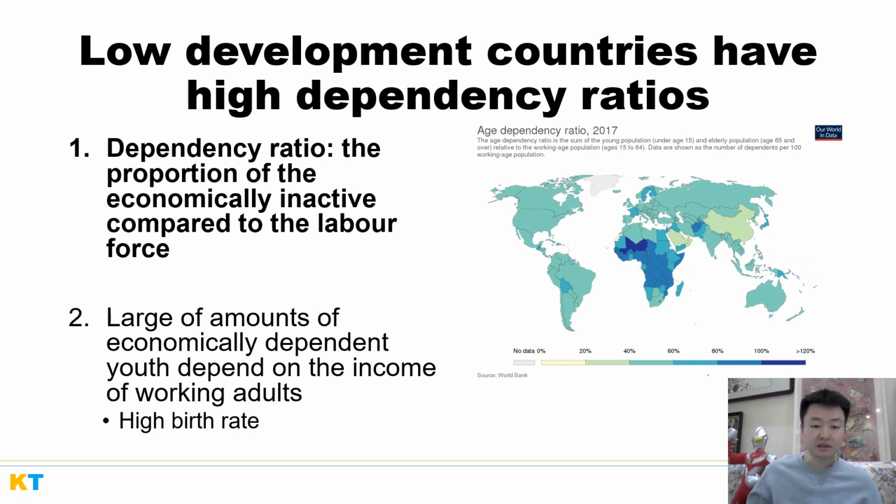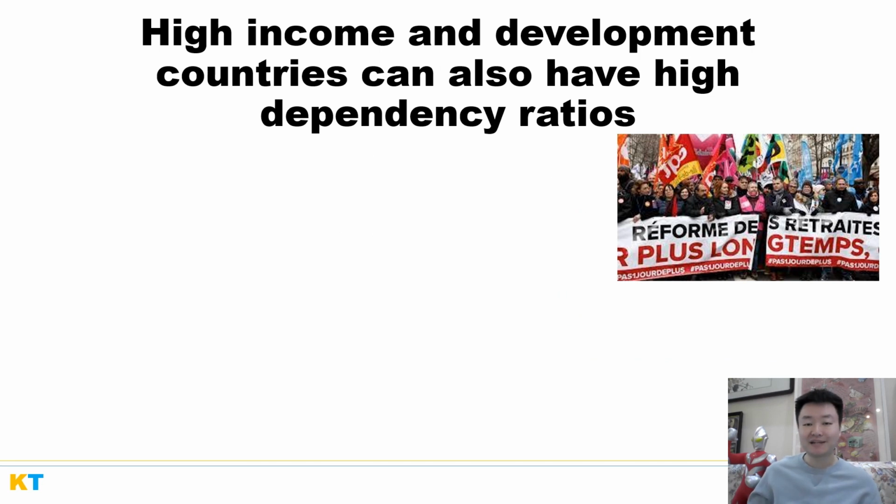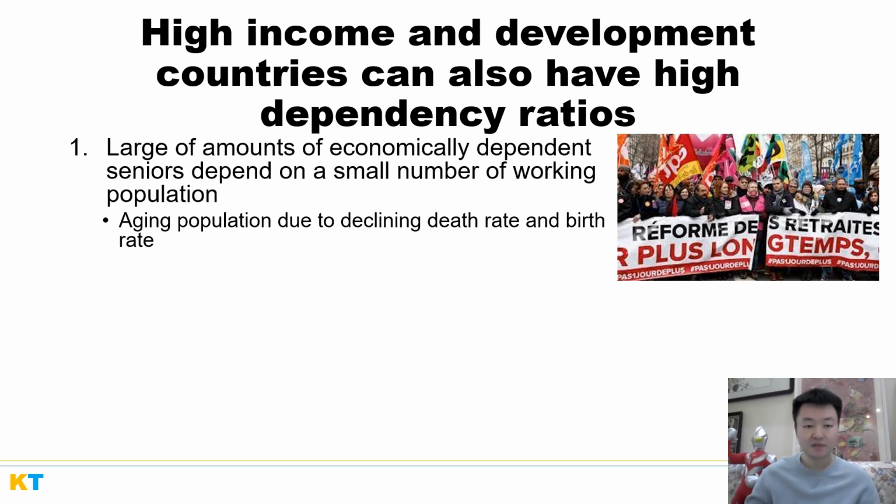The reason is that large amounts of economically dependent youth depend on the income of working adults in these low development countries. Now, high income and development countries can also have high dependency ratios, because large amounts of economically dependent seniors are now depending on a small number of the working population.